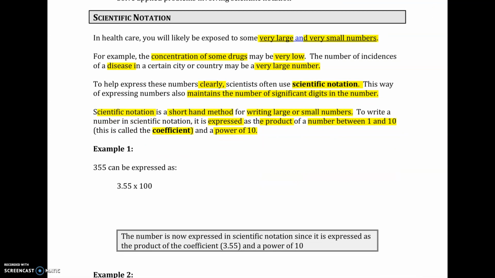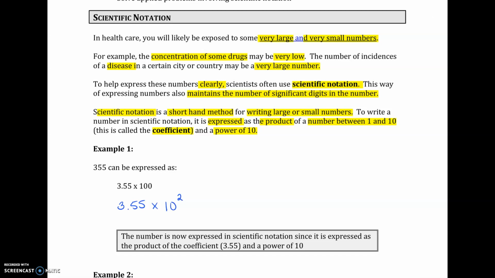355 can be expressed as, well, let's think about that. 355 is in the hundreds. So 3.55 times 100 is the same thing as 355. So we can go both ways. And I can then turn that 3.55 stay the same, and then the 100 can be expressed as 10 to the power 2.